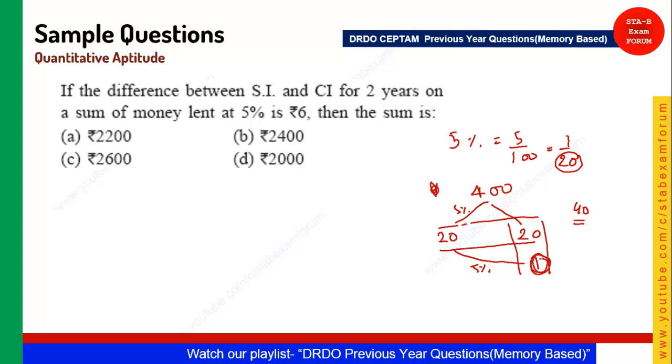So the difference they have given is 6 rupees, so it becomes 6 multiplied by 6. So your principal also becomes 6 times, that is 2400. Okay, understood? Student, this one is SI, this one is CI for the first year, this one is CI for the second year, and this is the CI minus SI. Okay, so option number B, 2400, is the correct answer.